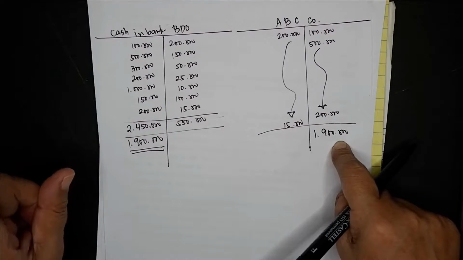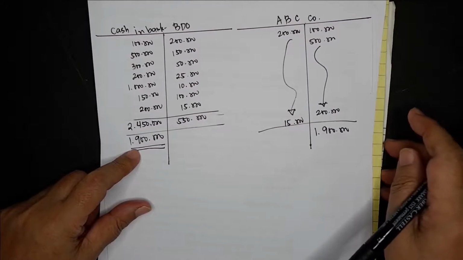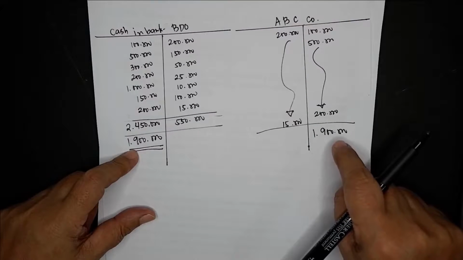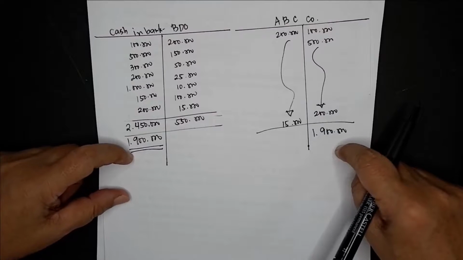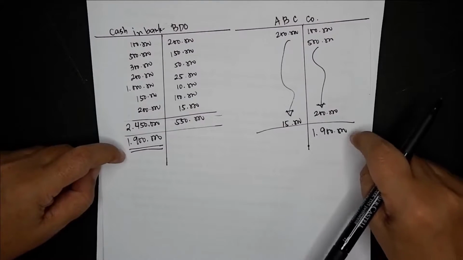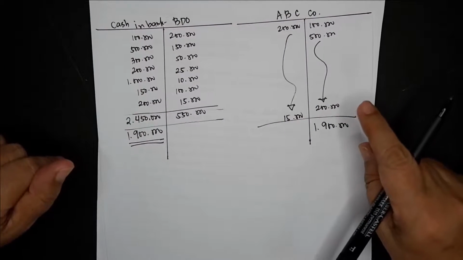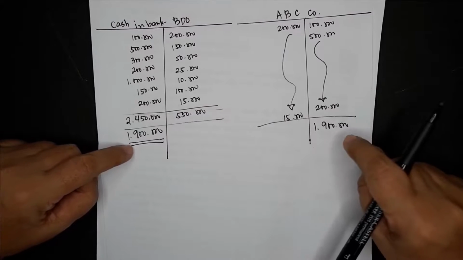Take note that in our books, in our record, it is an asset, but in the bank's record, it is a liability because that is their liability to us. Okay, going back to this 1,900,000, again, as I have said, this should be the same because we're just talking about the same amount, the cash that we have deposited to the bank.